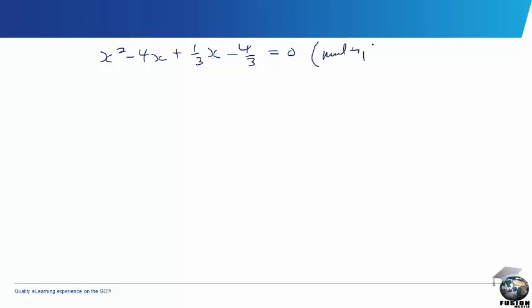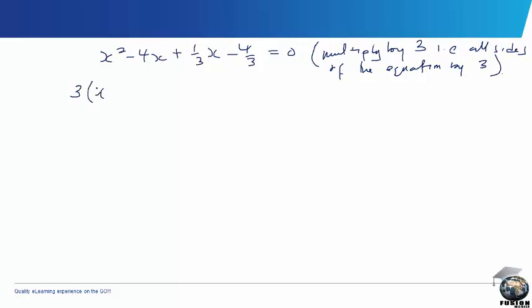Since both denominators are 3, you can multiply all sides of the equation by 3. Which is the easiest way of solving this.